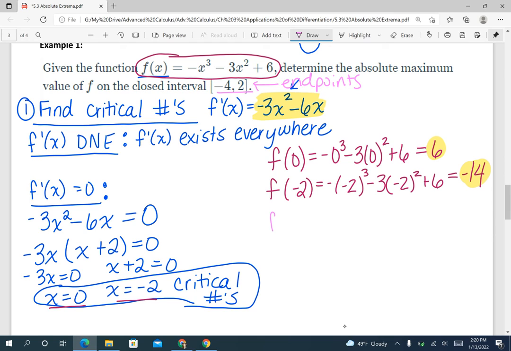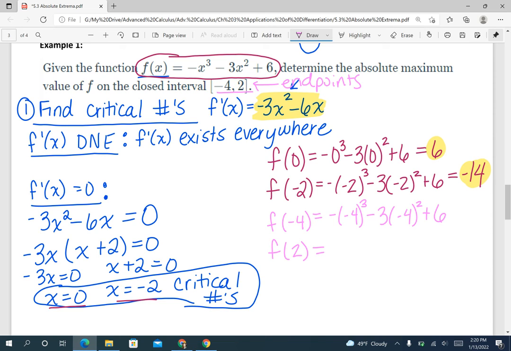So then I'm going to substitute in negative 4, and I'm going to substitute in 2 into the original function. So f of negative 4 would be negative 4 cubed minus 3 times negative 4 squared plus 6. And that would be minus 3 times 16 plus 6.